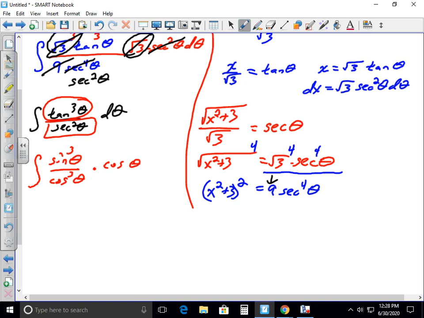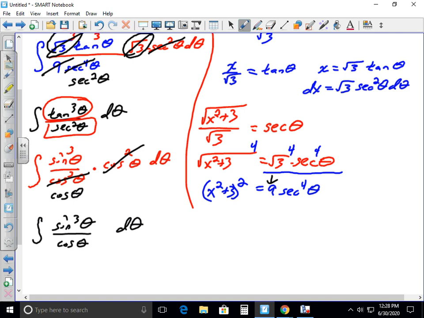And that's not just cosine, but cosine squared, because it's secant squared. So that cosine squared will cancel 2 of those, leaving us a cosine on bottom. So we've got the integral of sine cubed theta cosine theta d theta.